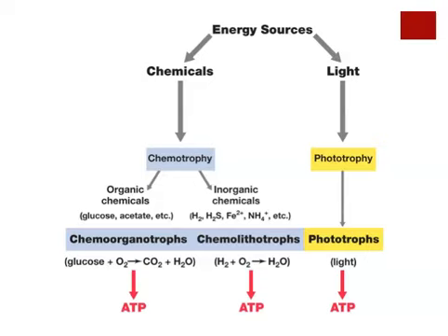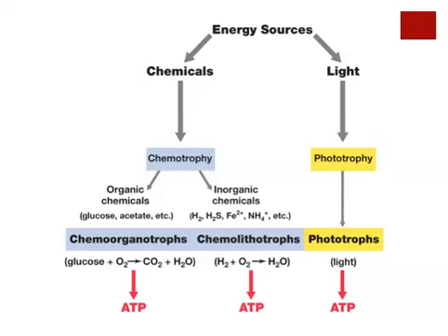Remember, there are photosynthetic microbes, and just like our photosynthetic plants, these organisms are capable of harvesting energy from sunlight. So if you're a microbe that gets its energy from a chemical, from a molecule, or I should say a series of molecules, we refer to you as being a chemotroph.